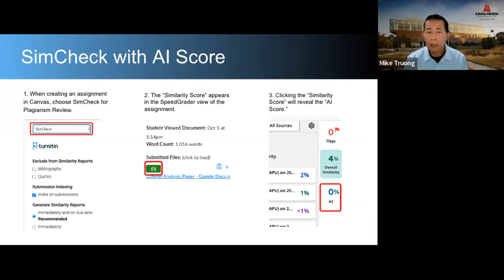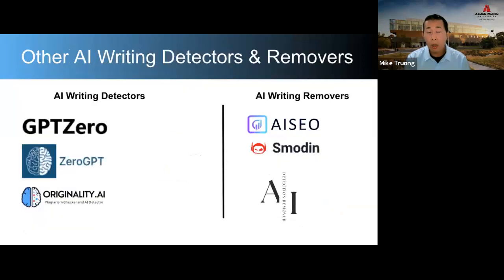So along with the SimCheck that we have inside Canvas, there are also independent third-party AI detectors. And these are detectors that are free. Most of them have a free version, and if you want to upload 20 pages of content, you might have to pay for that version.